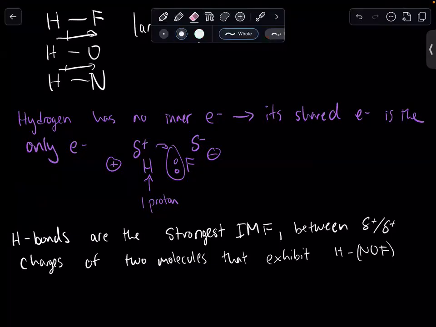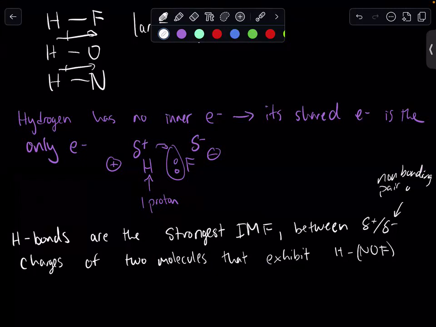And I made a mistake here. I said partial positive, partial negative. But this partial negative is actually going to be a non-bonding pair of electrons.